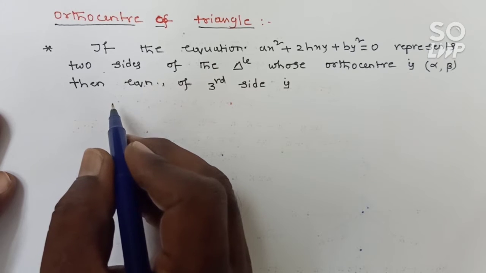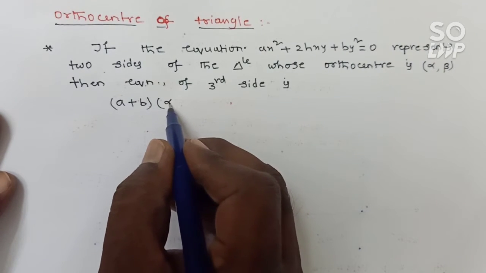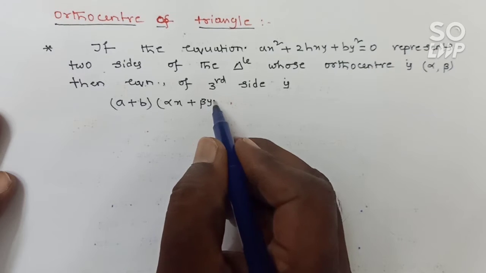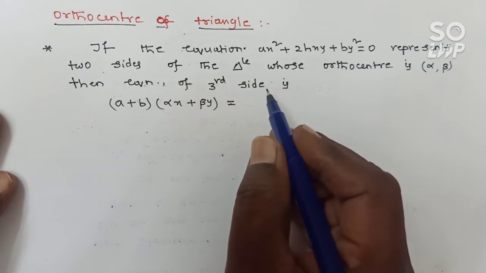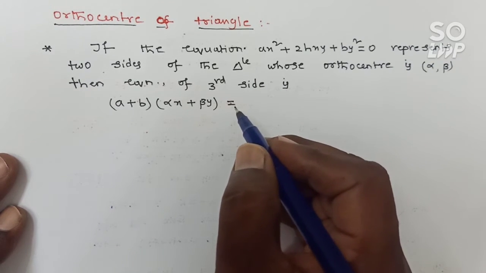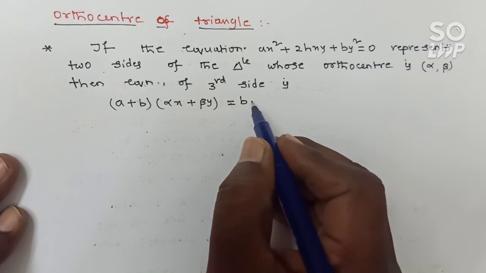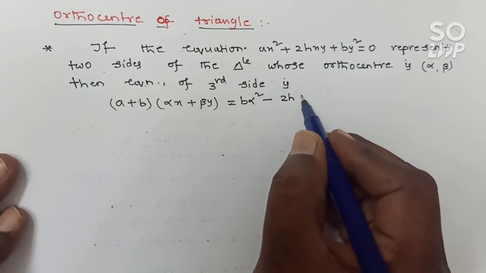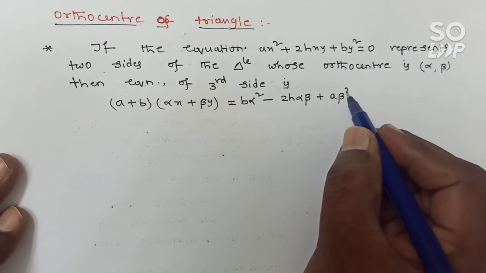(a plus b) into (alpha into x plus beta into y) is equal to b into alpha square minus 2h into alpha beta plus a into beta square.